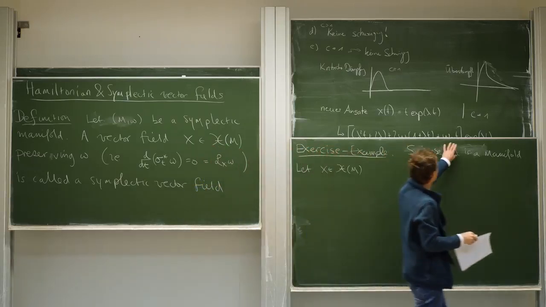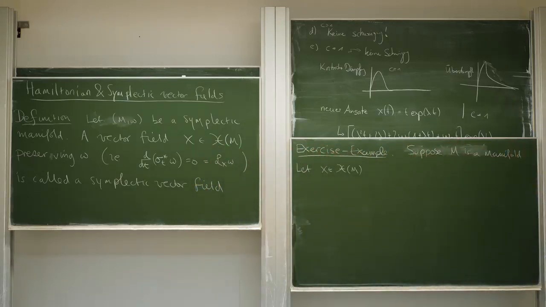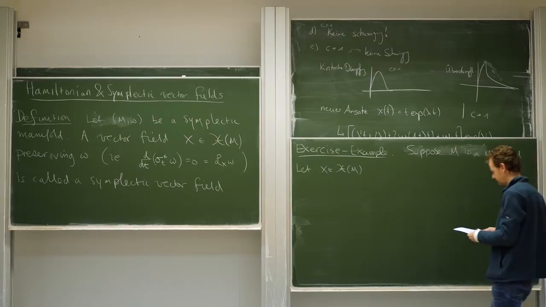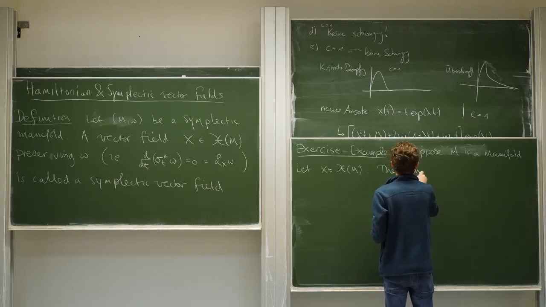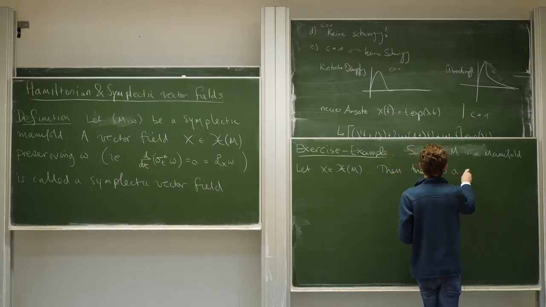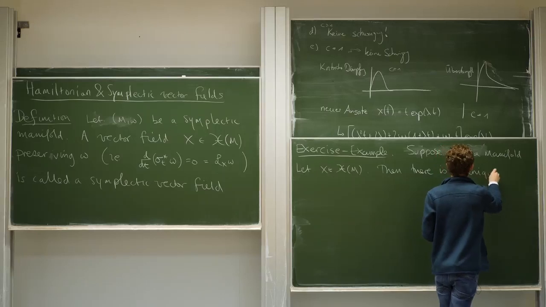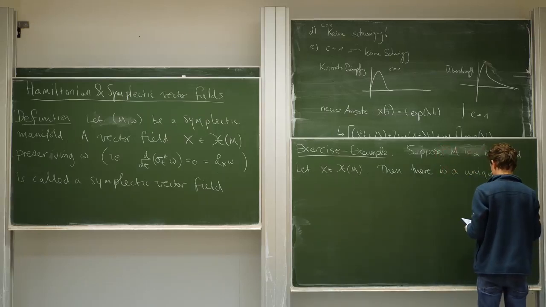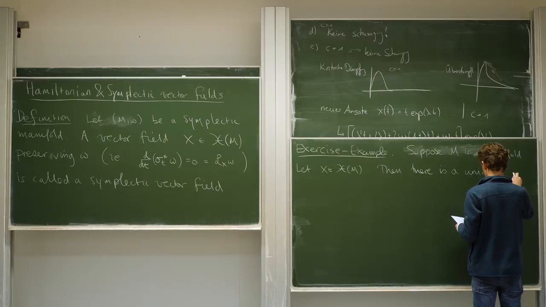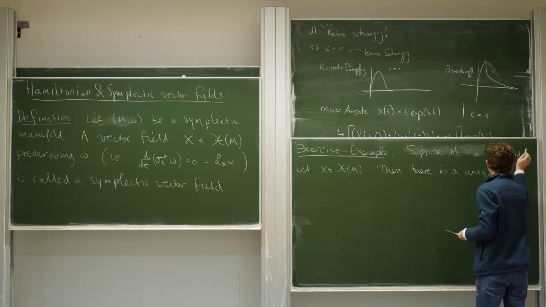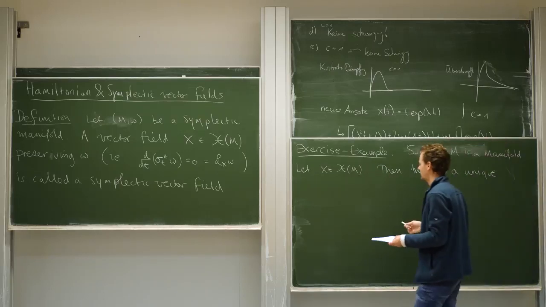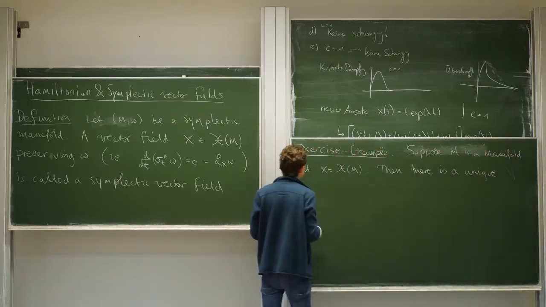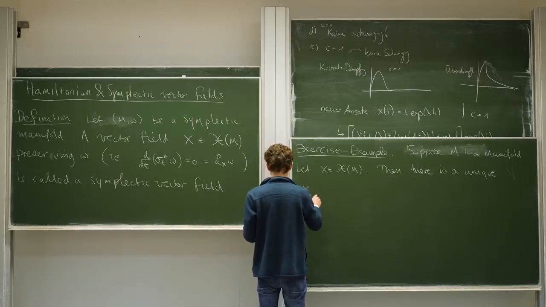Then, well, this is not symplectic in general, M isn't, but the cotangent bundle is. And this example here supplies us with a ready collection of vector fields on symplectic manifolds.